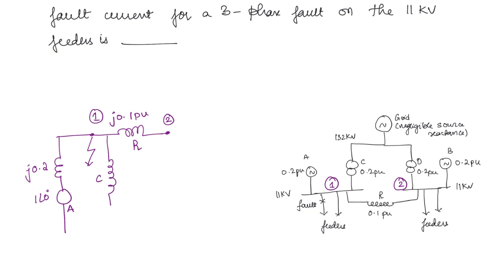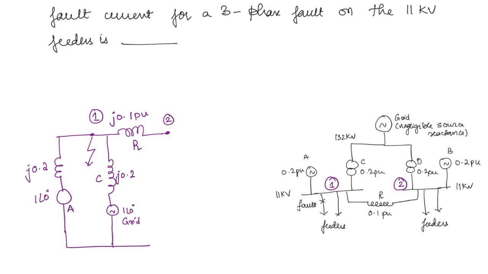The transformer will be like this. We will take this as C, J 0.2. Now the other end of the transformer is connected to the grid. It will have a voltage 1 angle 0, and then the grid will again be connected to the ground, the other side of the grid. So here you can draw the internal voltage of the grid, connected to the ground.